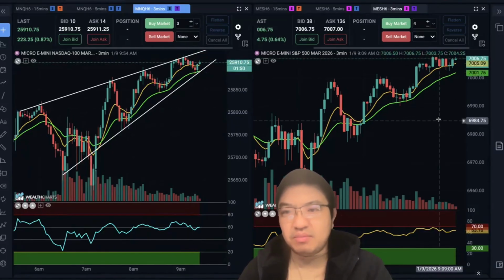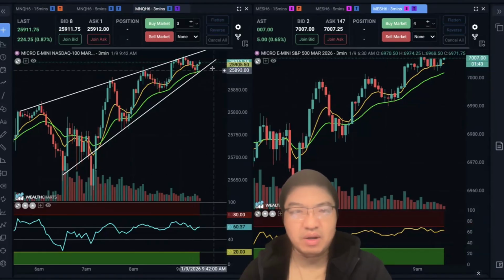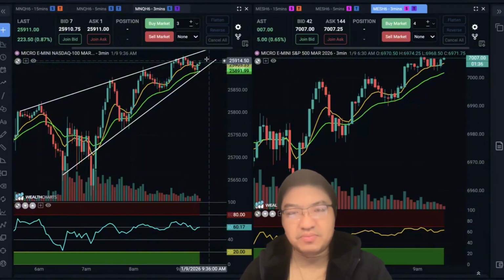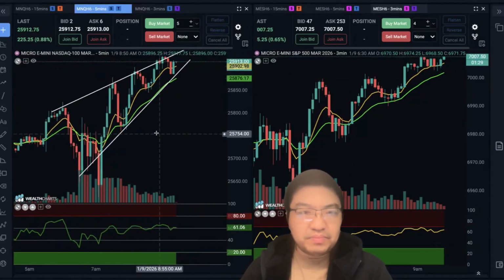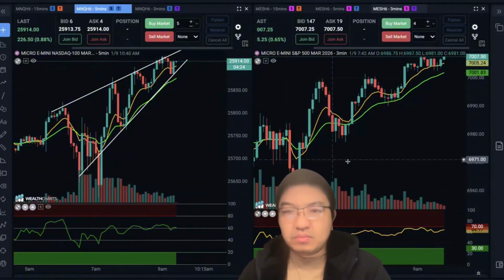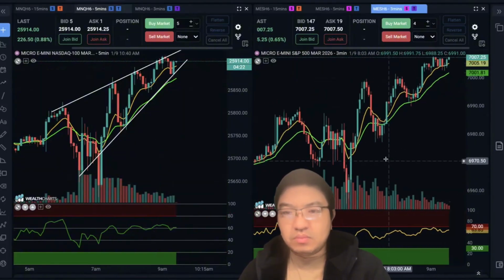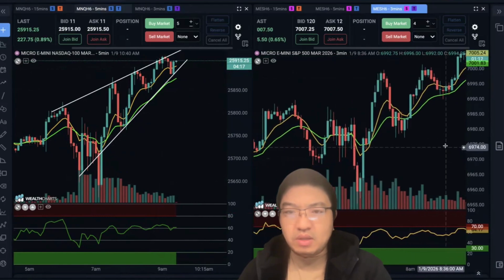Oh, here, maybe we see something. See, ES already came to the top. It's already at the top, while NQ is only half. Let's see the 5 minute.